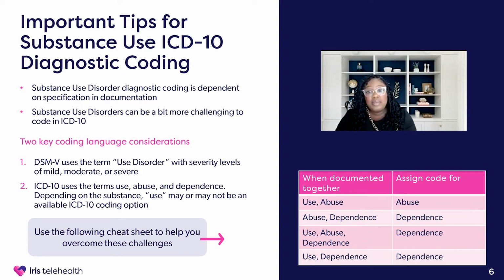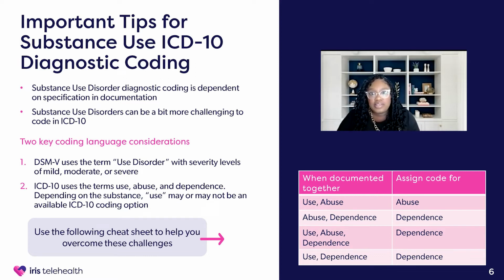Some substances do not have a use component in ICD-10, and so it automatically will map to abuse. Okay, but if you're using language in your documentation of both use and abuse, either the coder or yourself will be using a code for abuse. Okay, so that's kind of what this diagram is outlining.